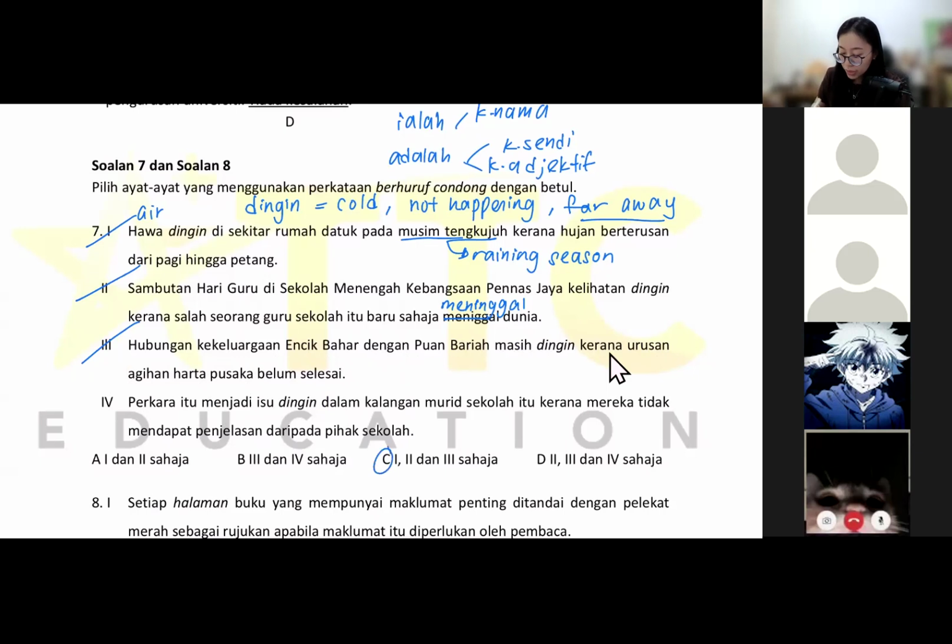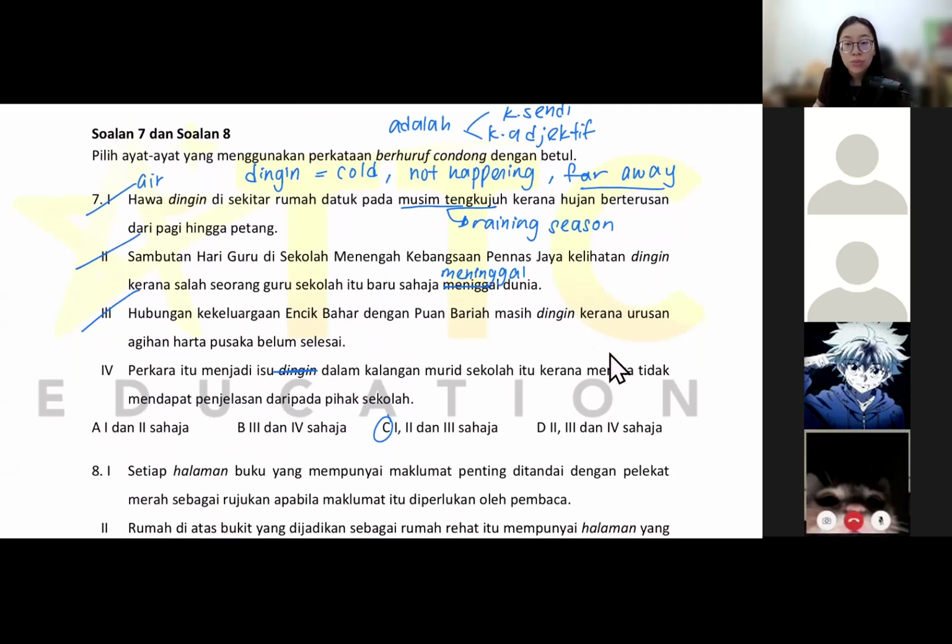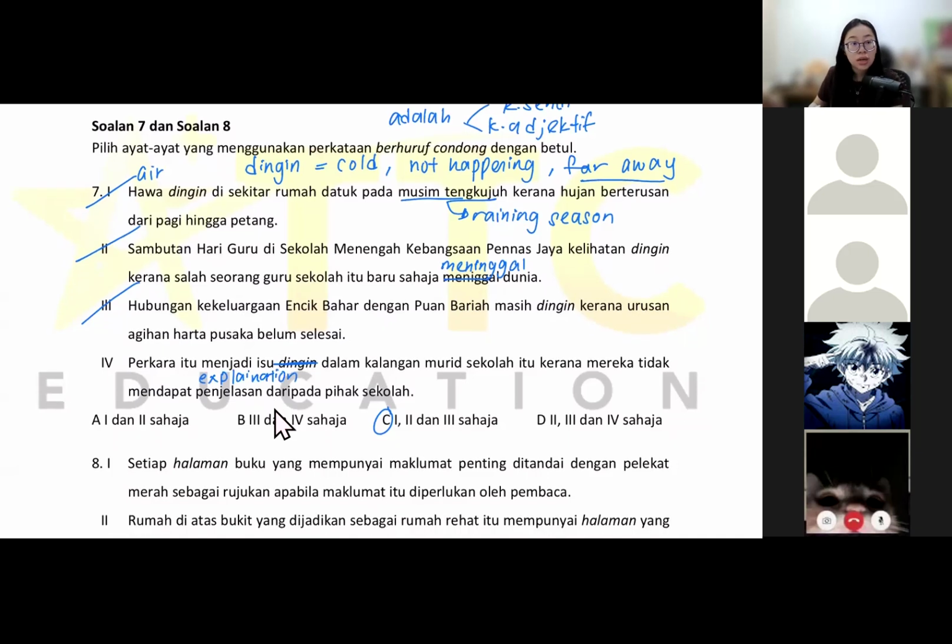Number 4 is wrong. You see, perkara itu menjadi isu dingin. It's not a very cool issue dalam kalangan murid kerana mereka tidak mendapat penjelasan, which is they didn't obtain the explanations daripada pihak sekolah. Now, you want to say it's a hot topic. Isu apa? So I have HAN and then 3 more letters.